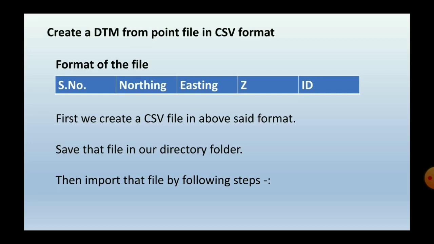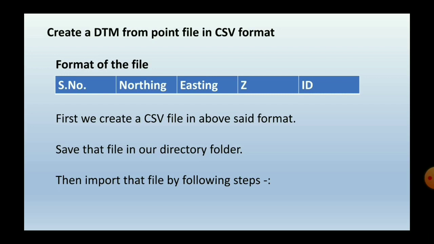Basically ID is the ID of that string, different strings having different IDs. We can say if it is a topographical contour file, we have different elevations of different contour lines, so every contour line will be given a different ID.